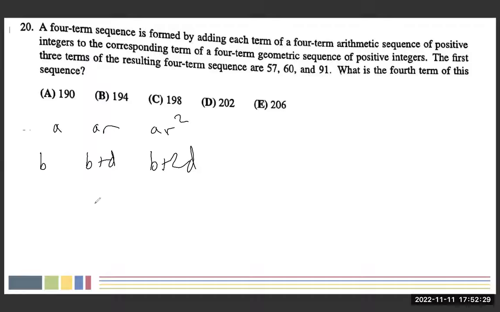The clever thing to notice is that the difference of the first two sums, AR minus A plus B plus D minus B, is just D, which is 3.